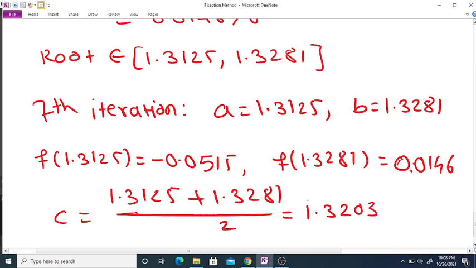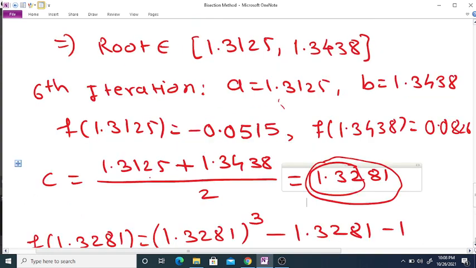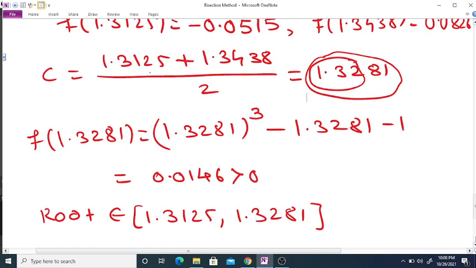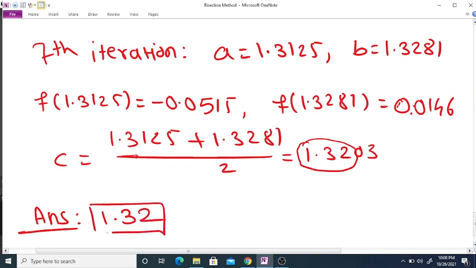Now you can observe the value of c in this iteration and the previous iteration are correct up to 2 decimal places. So our root is correct up to 2 decimal places. The root of the given equation correct up to 2 decimal places is 1.32.